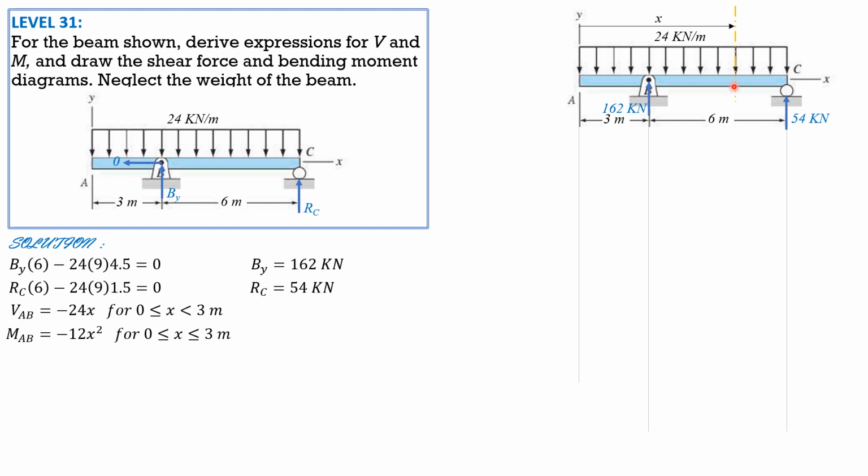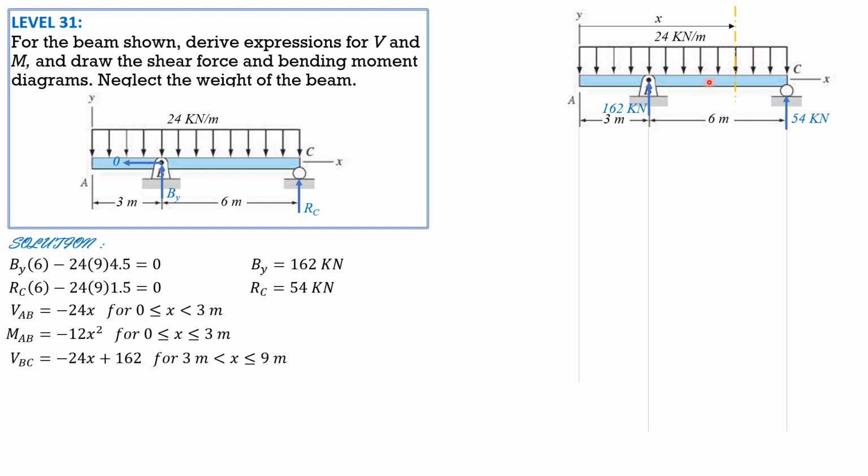Therefore shear is 162 minus the area of this loading, 24 times x. Again, shear is 162 minus 24 times x. That is applicable for 3 less than x less than 9 meters.